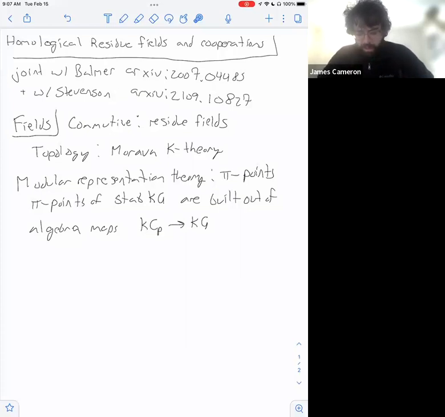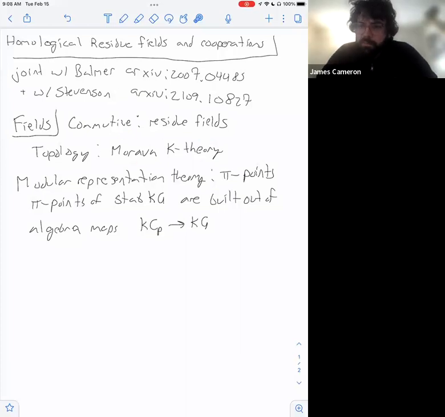So for example, these Morava K-theories, the spectrum representing this homology theory or this cohomology theory, it's not always a nice ring spectrum. So at p equals 2, it's not a ring spectrum at all, which is a little bit odd.